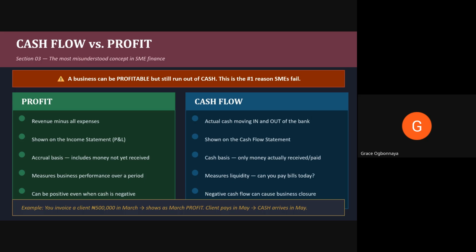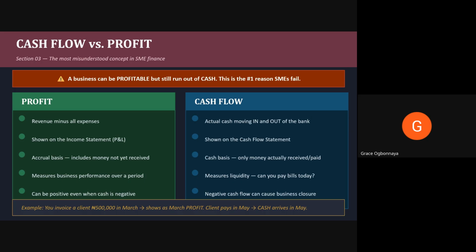You find it in your income statement, that's your profit and loss. And it is on accrual basis, includes money not yet received. You made a sale this month, but a lot of people actually bought on credit.